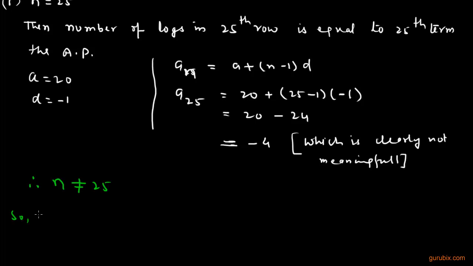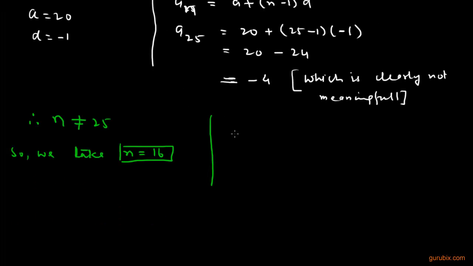So we take n equals 16. Now we shall find the 16th term, where a is 20, n is 16, so 16 minus 1, and d is -1.